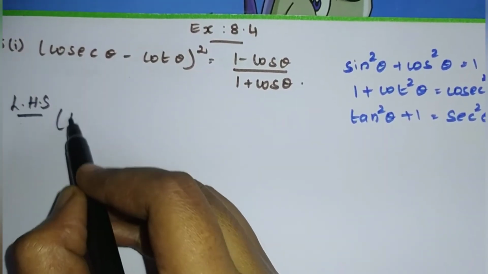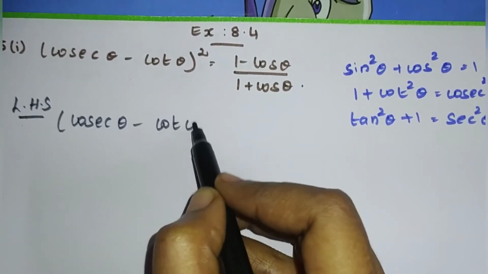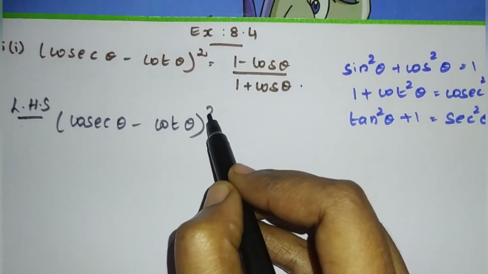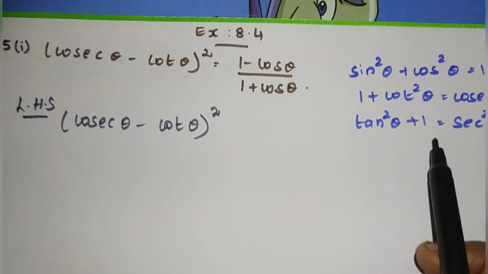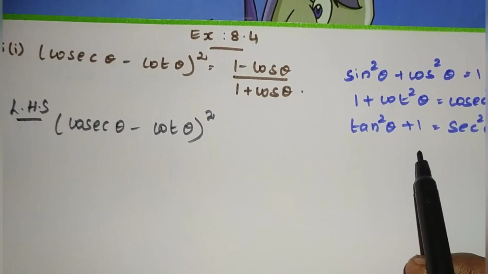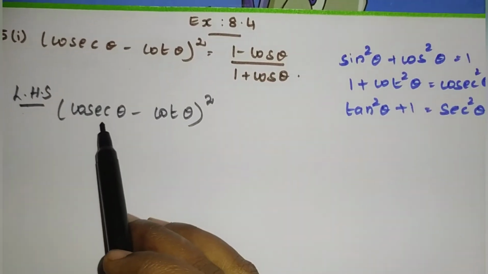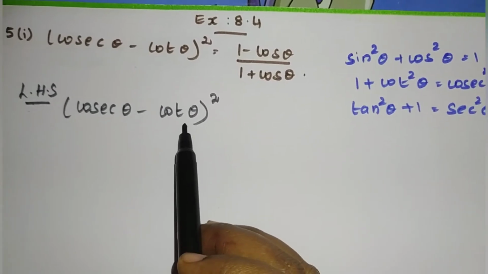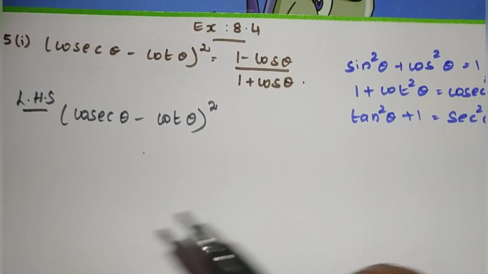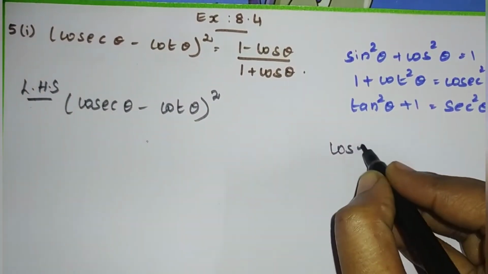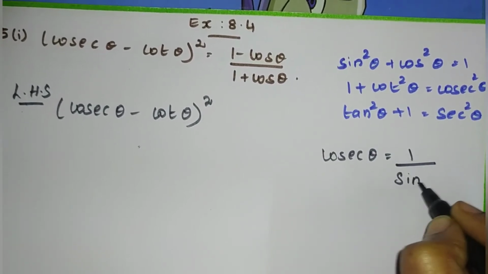LHS, that is cosecant theta minus cot theta the whole square. Here we don't have any square, so we can't apply any trigonometric identities. Instead of that, we can apply the reciprocal, and cot theta as cos theta divided by sin theta. The formula is cosecant theta is equal to 1 by sin theta.